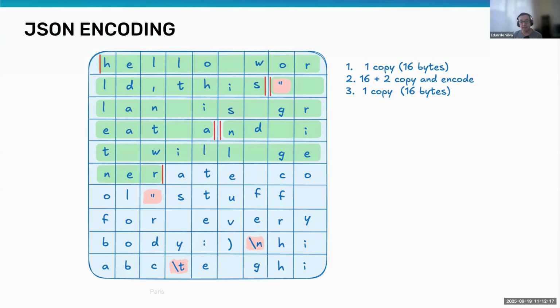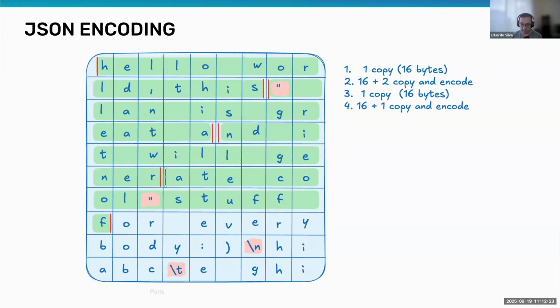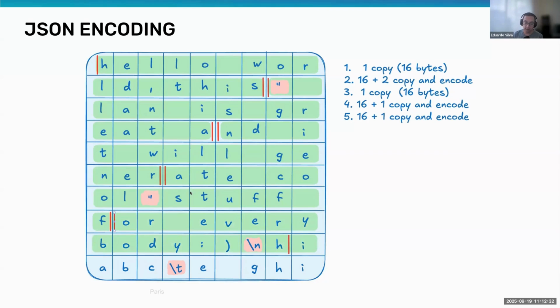The next one is a straight copy. We just copy 16 bytes. There's nothing that needs to be escaped. In the next one, yes. So we have to escape one block here because we have a special quotation mark that needs escaping. And for the next one, yes, we have another one. So we can have multiple ones. If at least one matches, it means this needs manual processing.